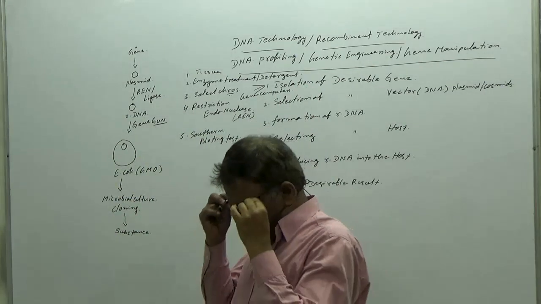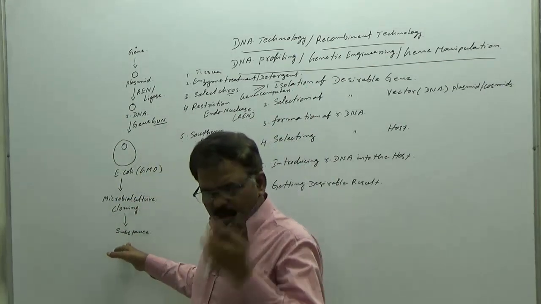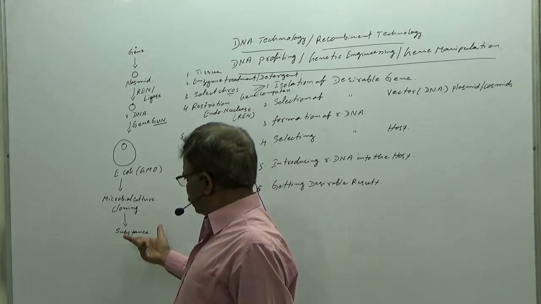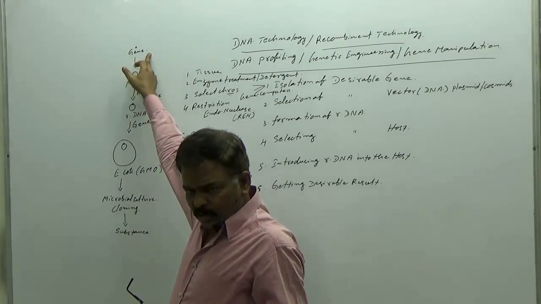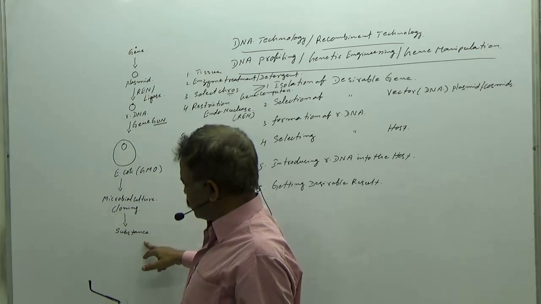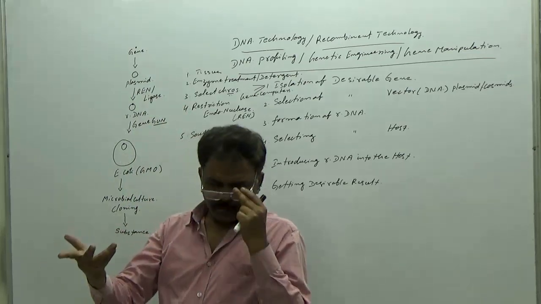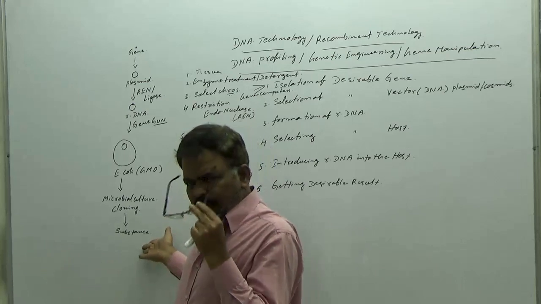And that's it. Now in the market, Botox injections are available, no? How is that? Same thing: the toxin producing gene, after inserting through this process, finally they get that substance. That itself is a Botox injection.